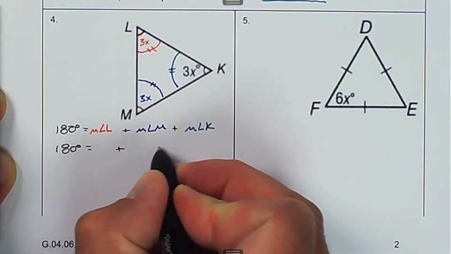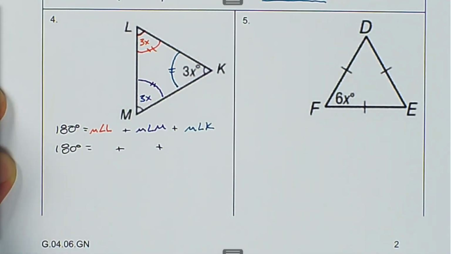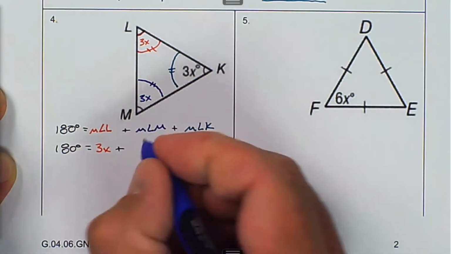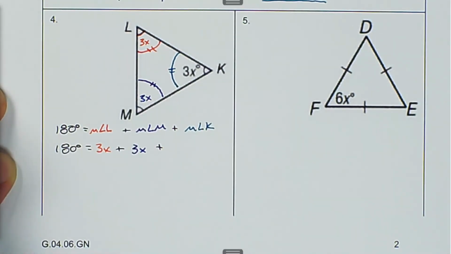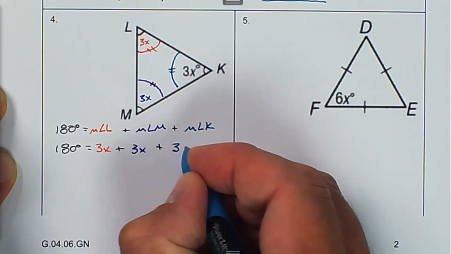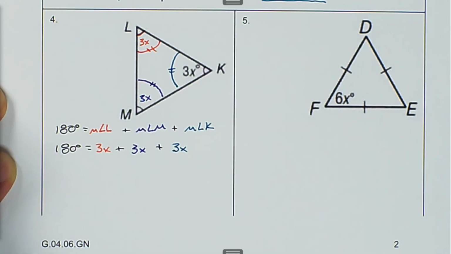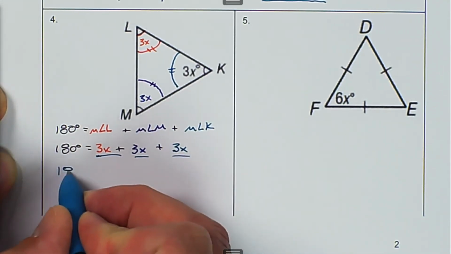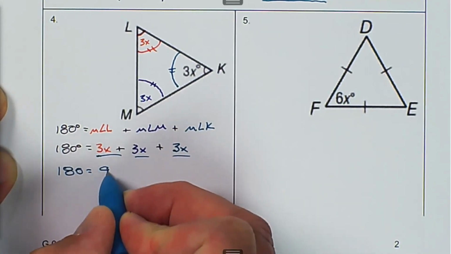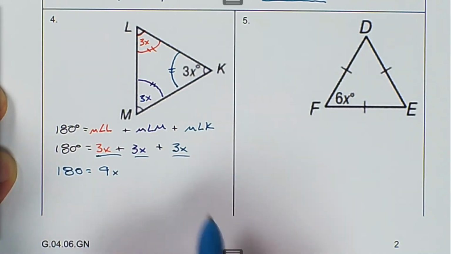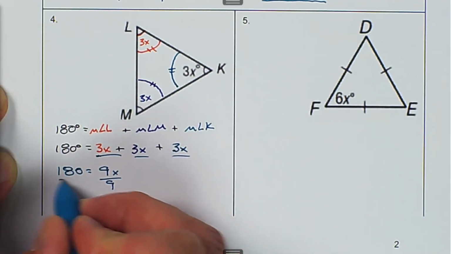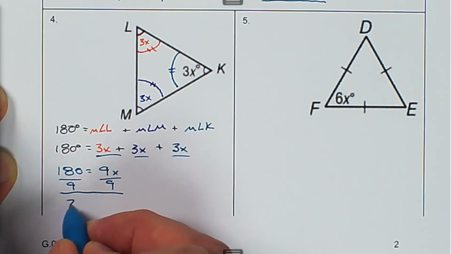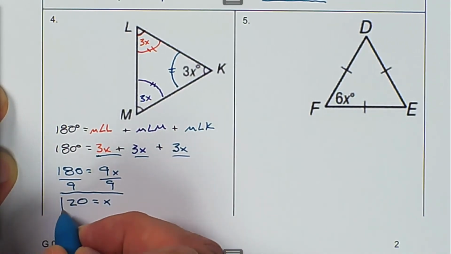They're all 3x. Then we can combine like terms. They're all x values, so we get 180 is equal to 9x. Then we can divide both sides by 9, and we get 20 is equal to x.